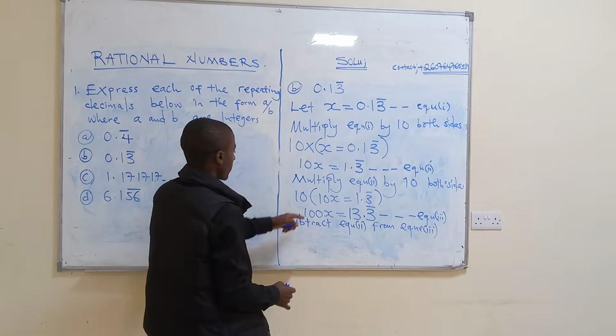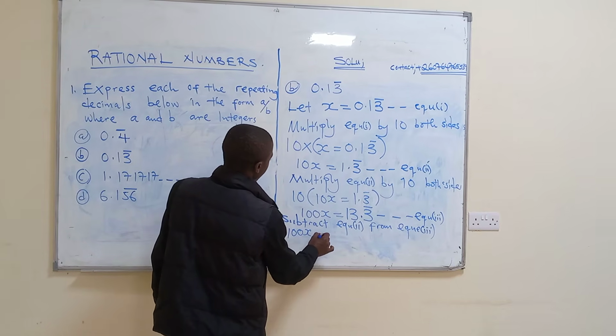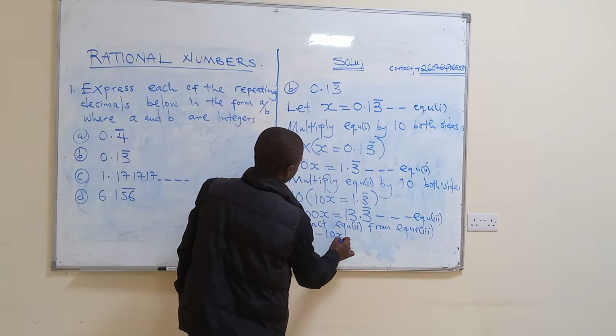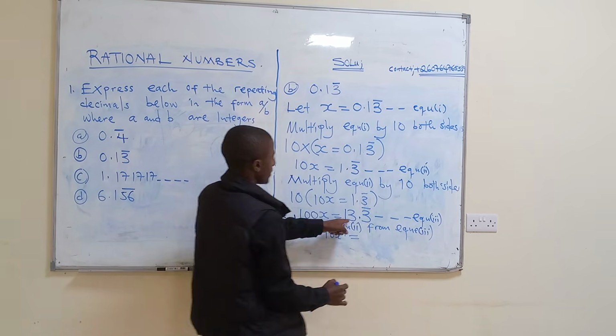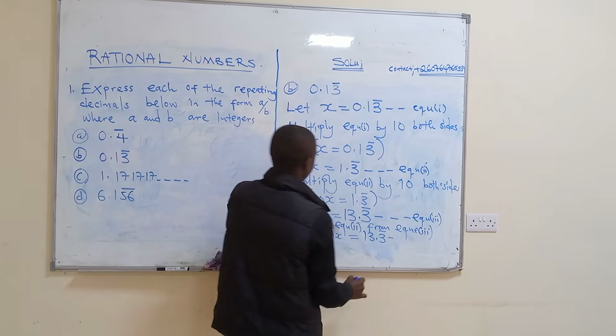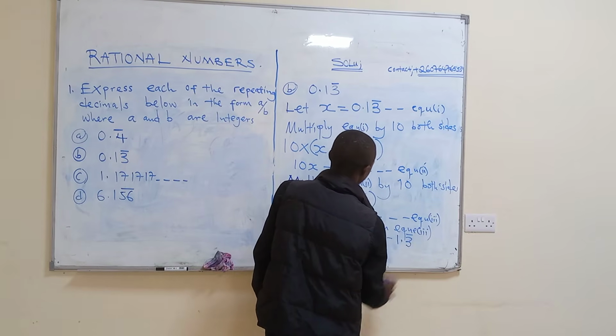So we are going to subtract, that is 100x minus 10x equals 13.3 with a bar minus 1.3 with a bar.